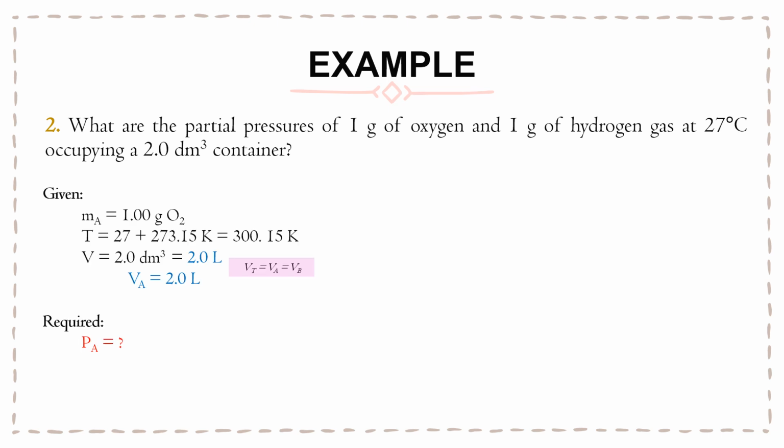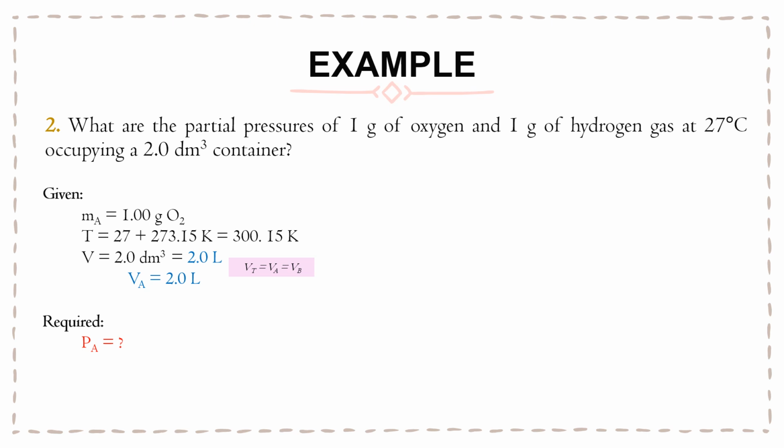So we are given this. So we have to convert dm cube to liter. So that's just the dm cube that's numerically equal. So 2 dm cube is equal to 2 liter din naman. Okay.